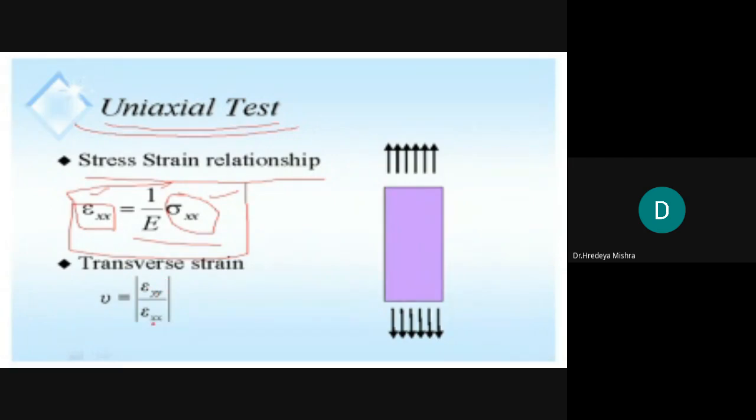The meaning of mod is that whatever value we gain after epsilon yy divided by epsilon xx, it may be negative, it may be positive, but we take only the positive value.